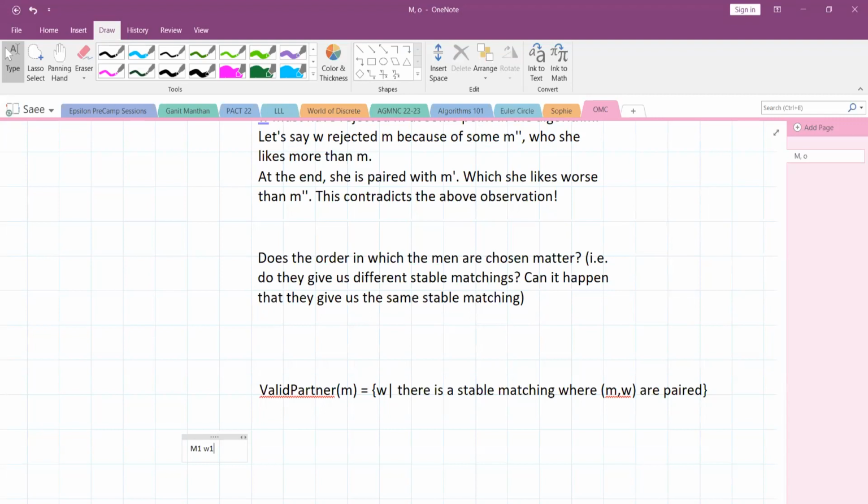There cannot be any stable matching with M1 and W1 together. So W1 will not be a valid partner of M1. But let's say there is a stable matching where M1 and W3 are paired. So W3 will be a valid partner of M1. Make sense?